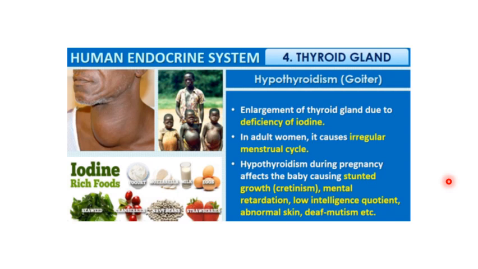In adult women, it will cause irregular menstrual cycles. Hypothyroidism during pregnancy affects the baby, causing stunted growth, mental retardation, low intelligence quotient, abnormal skin, and deaf mutism. So, such people should take care and eat foods which are rich in iodine, that is, yogurt, milk, seaweed, and things like that.